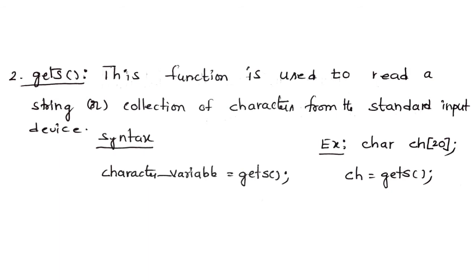Maximum 20 characters. Minimum 1 character, maximum 20 characters. From 1 to 20, we can enter any number of characters. That's why this is called ch is equal to gets. This statement reads a string from the keyboard.